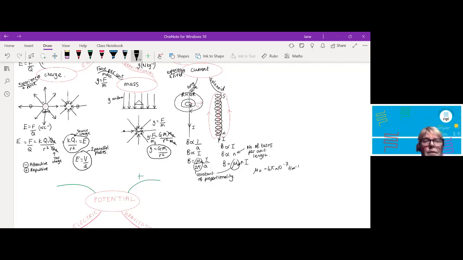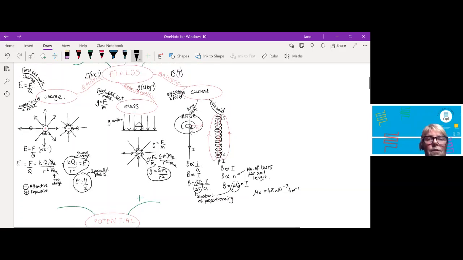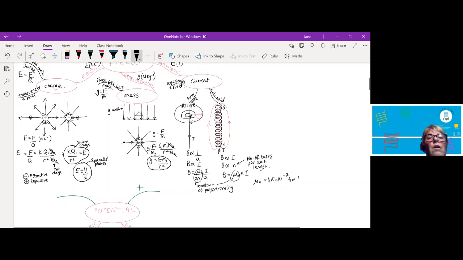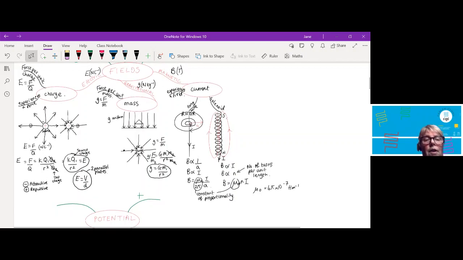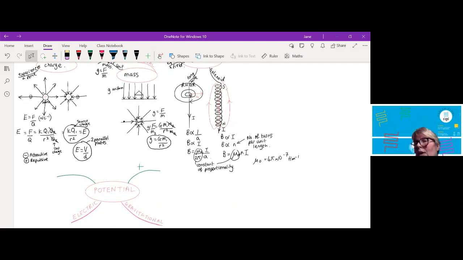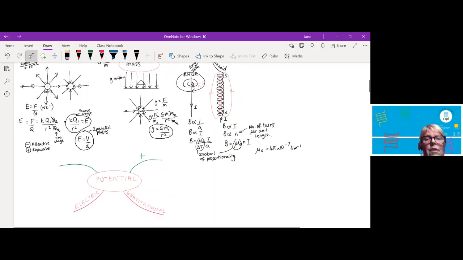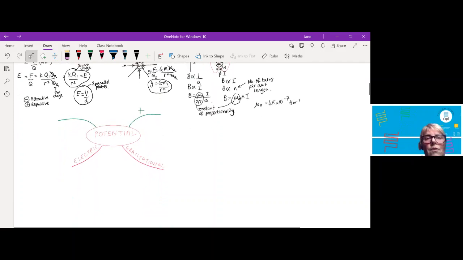Okay, and I'm going to park magnetic fields because I want to go on. So we've done forces now, we've done fields. Now I want to go on to potential. I'm going to park magnetic fields to one side and just look at potentials.